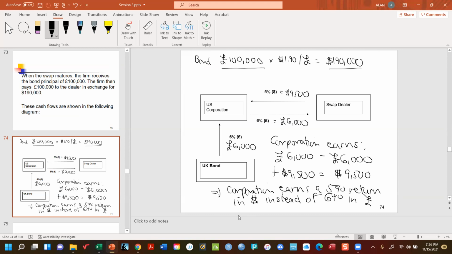Why are they doing this? To get rid of the risk. But still, they wouldn't bother with this unless 5% in dollars is probably more than they could have gotten with a domestic bond. So they must have decided, let's take a chance, let's buy this foreign bond at 6%, and we'll swap out the cash flows to lock in a 5% rate of interest when you combine the bond with the swap.